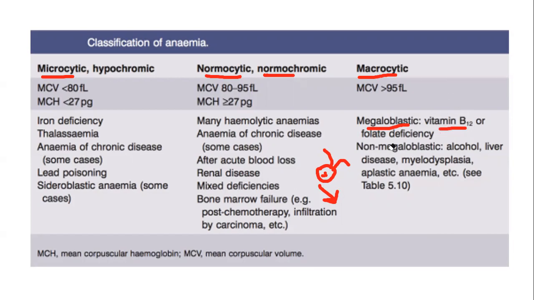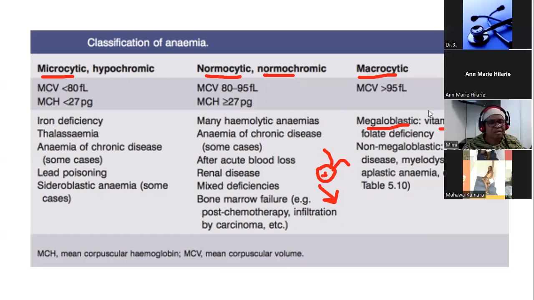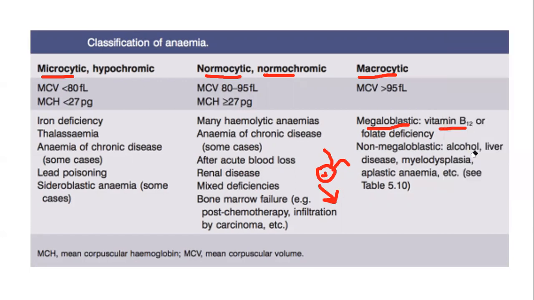So what are the non-megaloblastic reasons? When MCV is more than 95, maybe the patient gives a history of alcohol intake or liver disease or myelodysplasia.